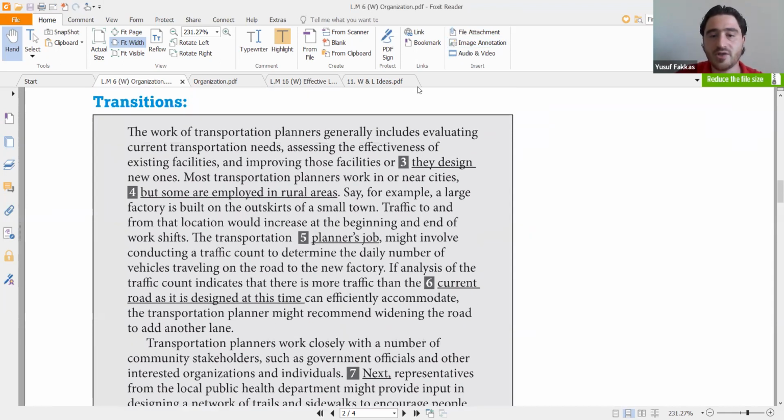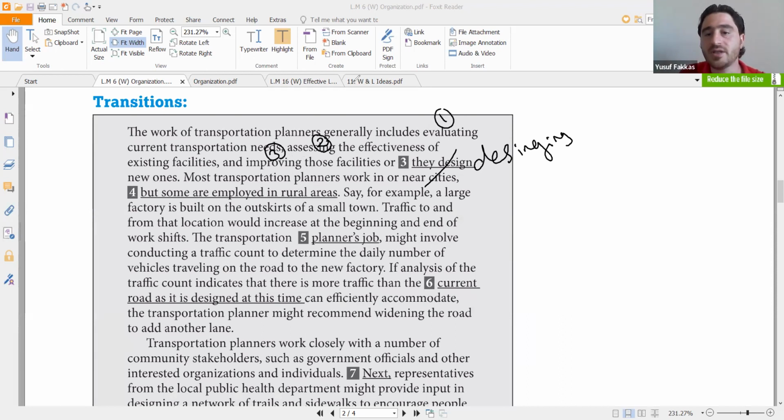So here we are in question number 4. If you remember, we already answered this question. We said this is related to parallel structure, and we said designing. Now, so the work of transportation planners generally include evaluating current transportation needs, assessing the existing facilities, and improving those facilities or designing new ones.